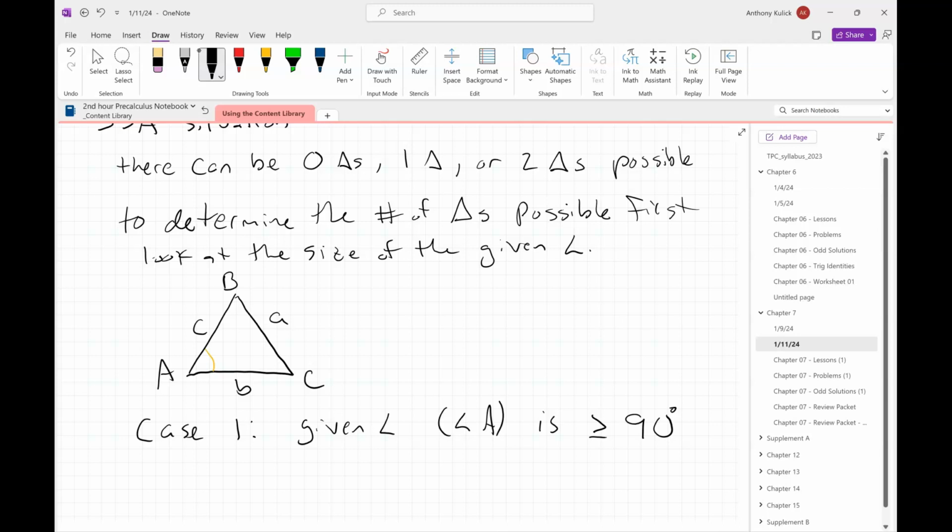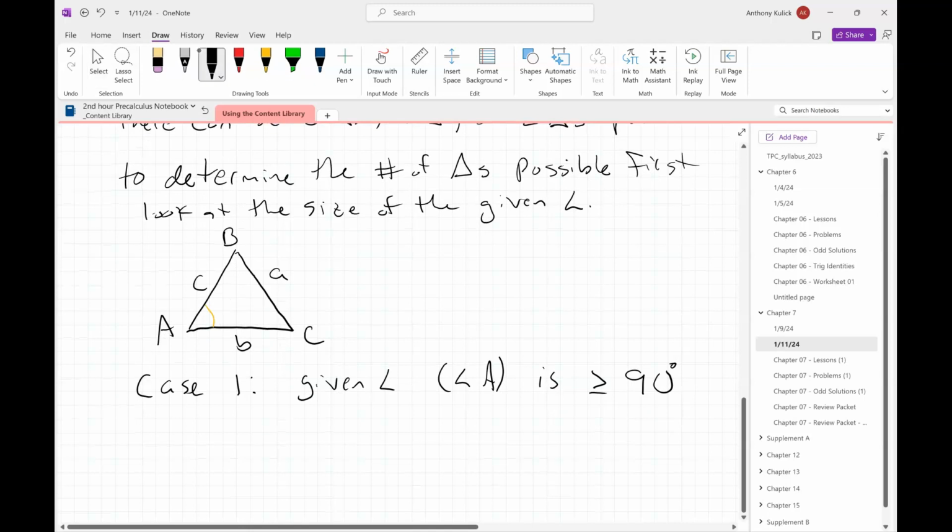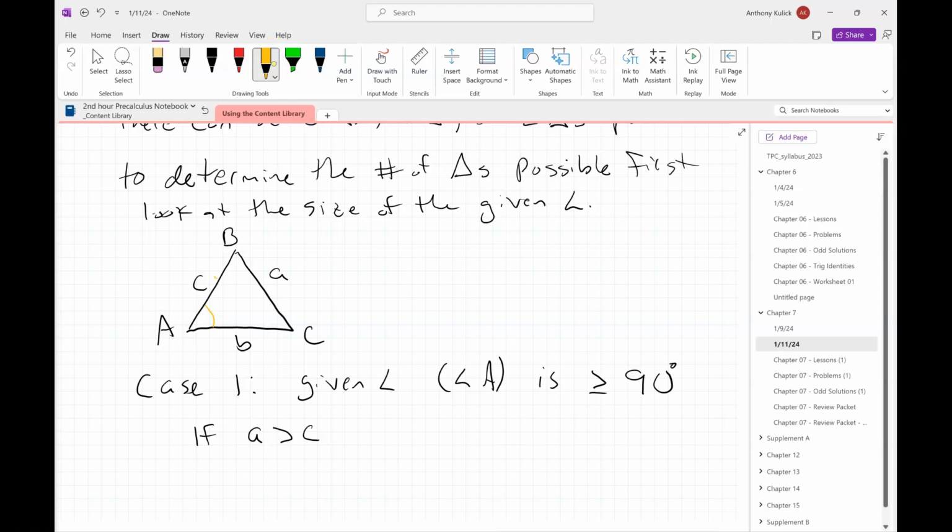Now the two sides that are given, if side A is greater than side C, that tells us there's one triangle possible. If side A is less than or equal to side C, 0 triangles are possible.